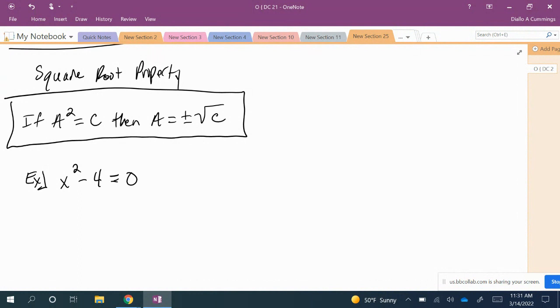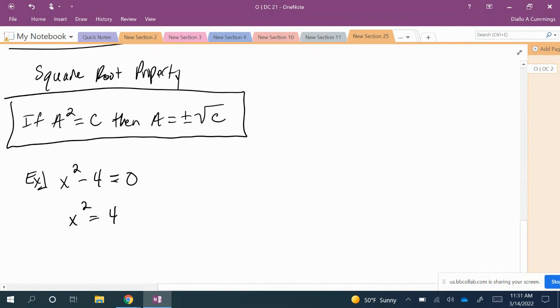I mean, we can use the zero factor property because you can, in fact, factor x squared minus 4. However, we could use the square root property. The square root property says that we have to isolate the squared term. So in this case, I'm going to isolate x squared, so I'm going to add 4 to both sides. So we have x squared is equal to 4.